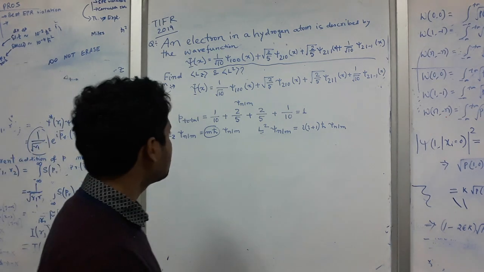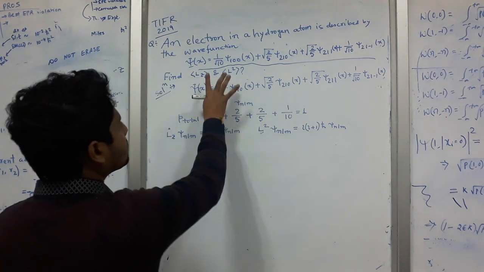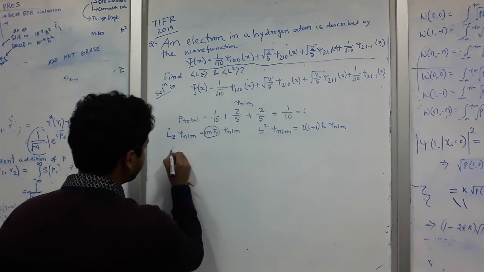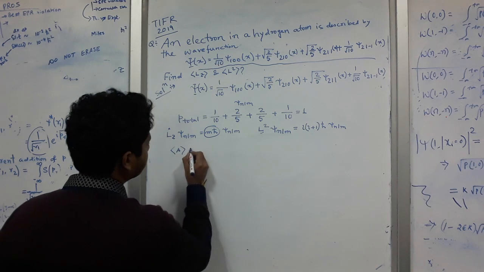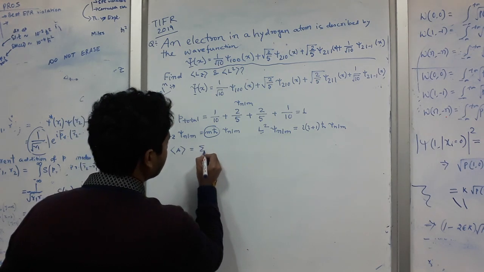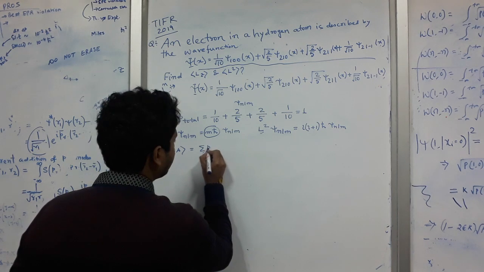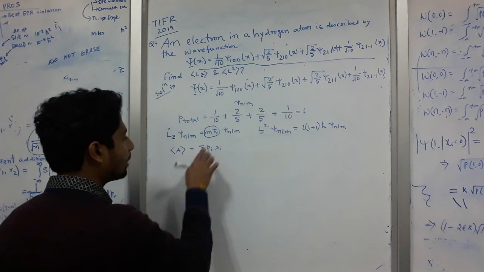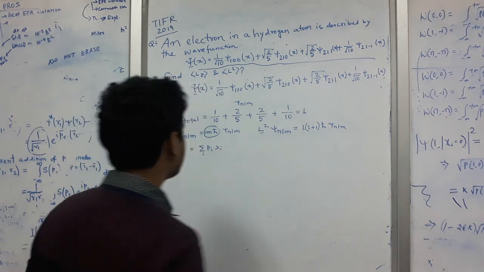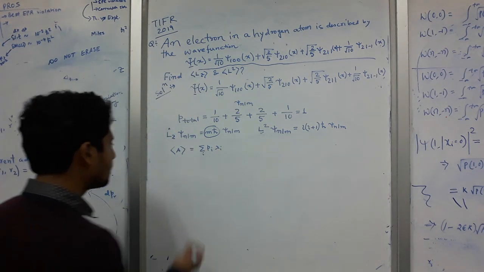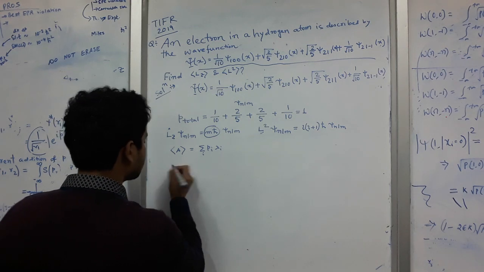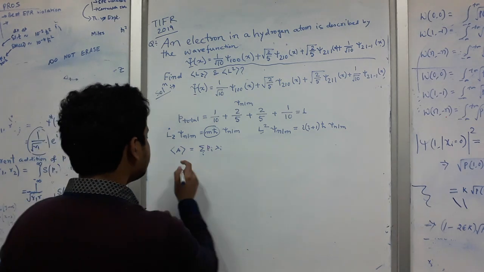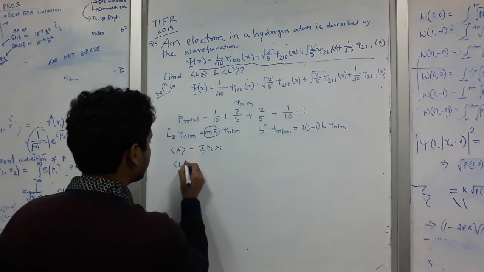Now we need to find this expectation value. Another thing I will use here is that the expectation value of any operator we can write as a sum of probability into the eigenvalue. What it means is, suppose I do this for Lz.